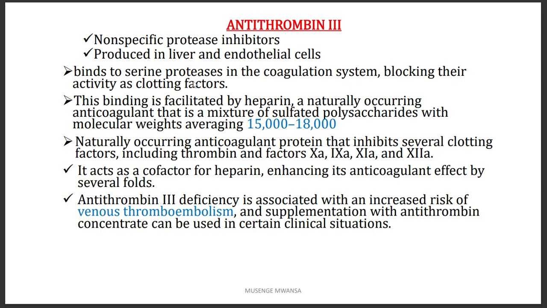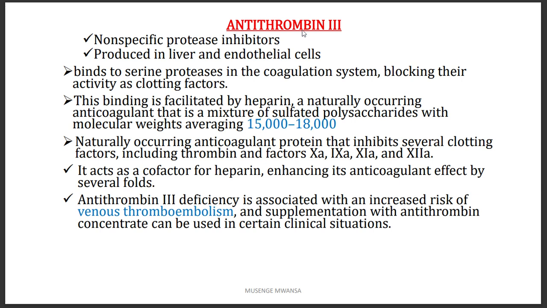Now, these serine proteases, they are involved in clotting. So that is going to block. If this antithrombin 3 binds to the serine proteases in the coagulation system, there's going to be blocking of activity as clotting factors. So then there's not going to be any clotting. So that is basically what antithrombin is doing.